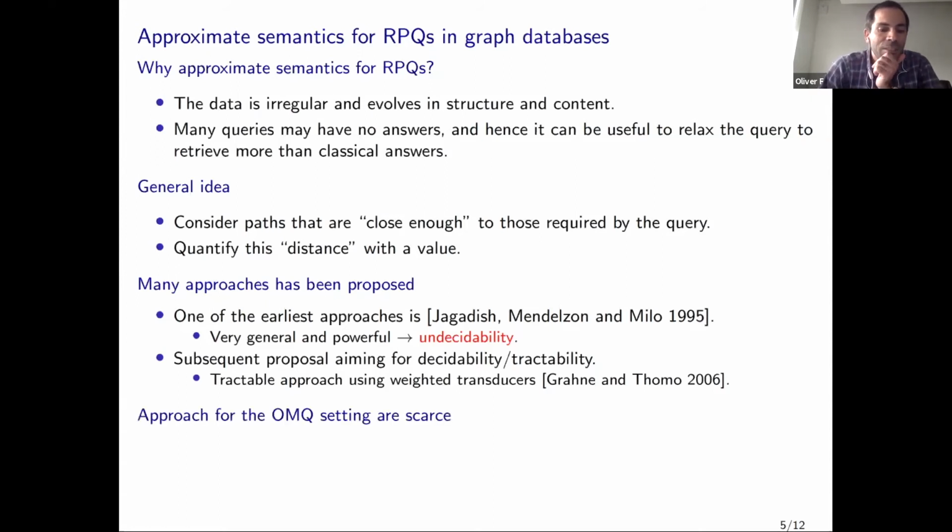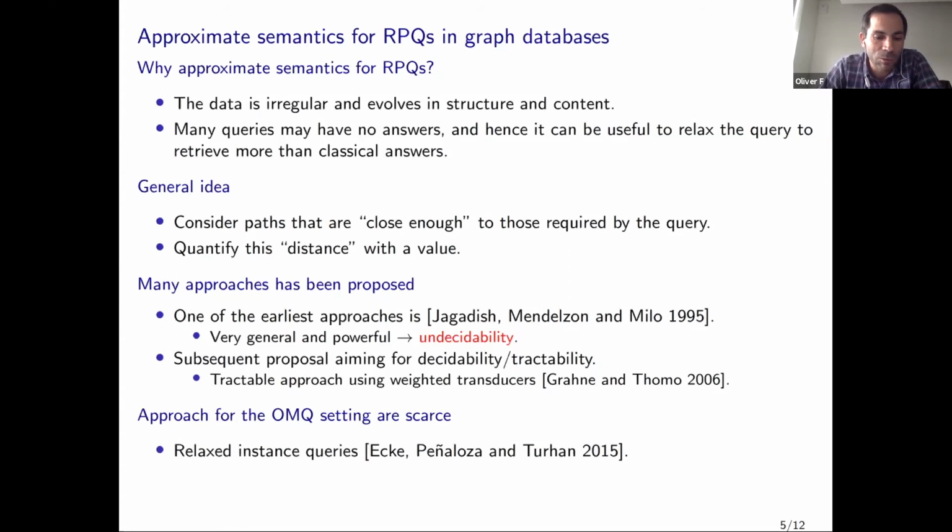One of the good things of this approach is that it's tractable for the graph database setting, and also it uses weighted transducers. Transducers are the natural way to transform regular languages, and weighted transducers and weighted automata are the natural extension of the classical setting to the weighted setting for regular languages. Besides that, there have been a few attempts to approximate the semantics in the ontology-mediated query setting. One is relaxing queries, which is a very particular case of regular path queries, just concept queries.